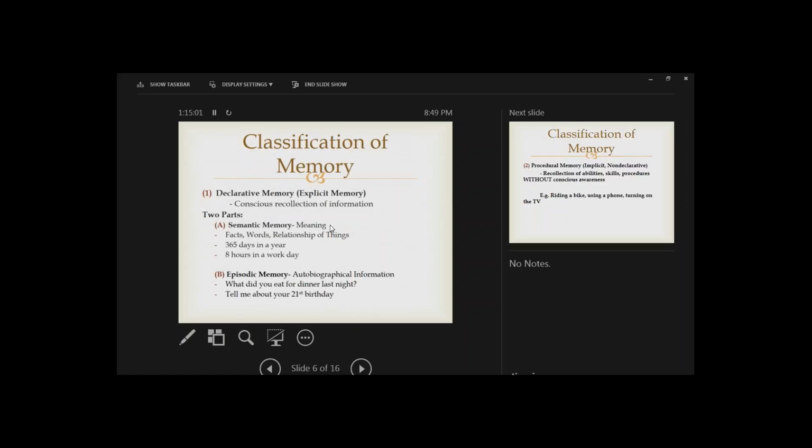Let's take a 10-minute break now, come back at 7, and then we will move into classifications of memory. This will keep running, however, I'm going to mute it so everyone doesn't hear everyone's conversation.